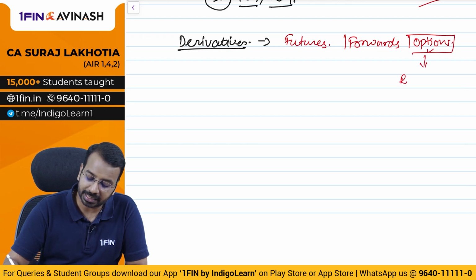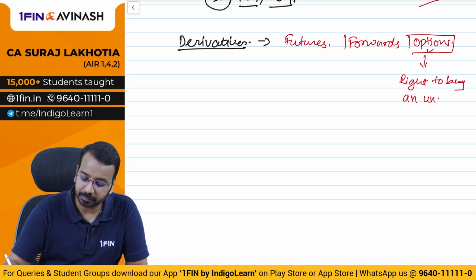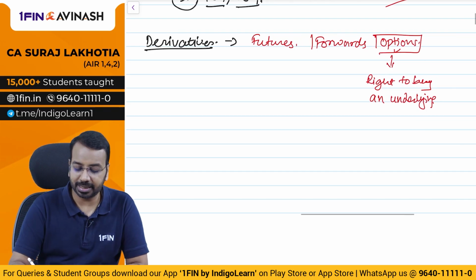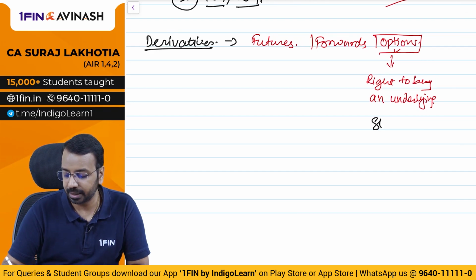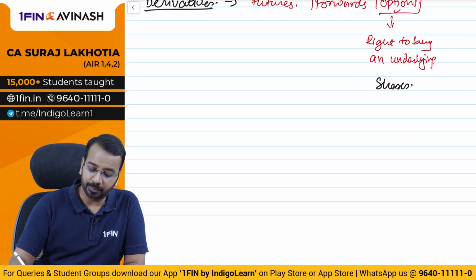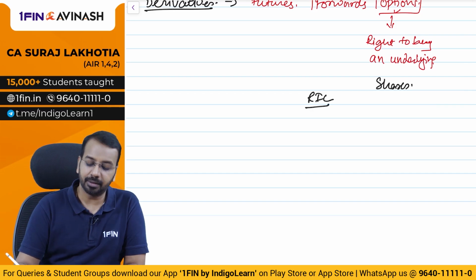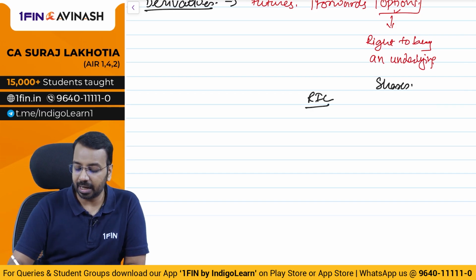Option is something that gives the holder a right to buy an underlying. Right to buy an underlying means what? It can be a simple thing like right to buy shares. So, say for example, we are talking about Reliance Industries Limited, okay, and I have an option to buy.